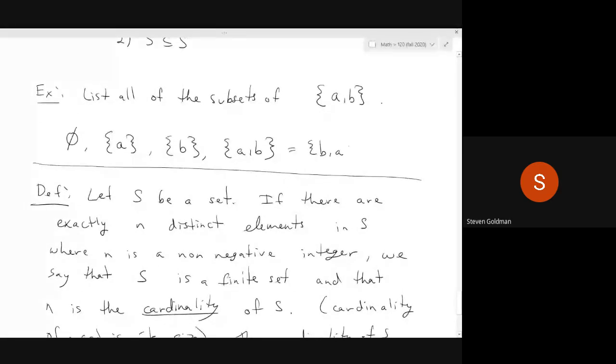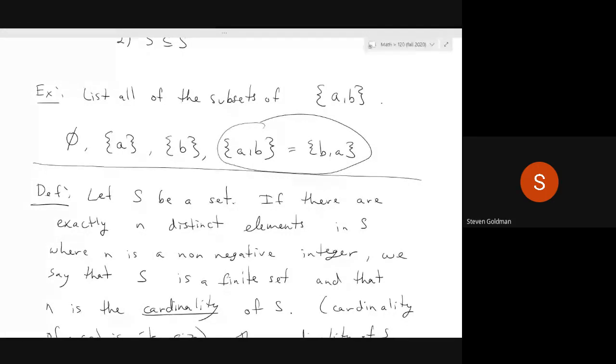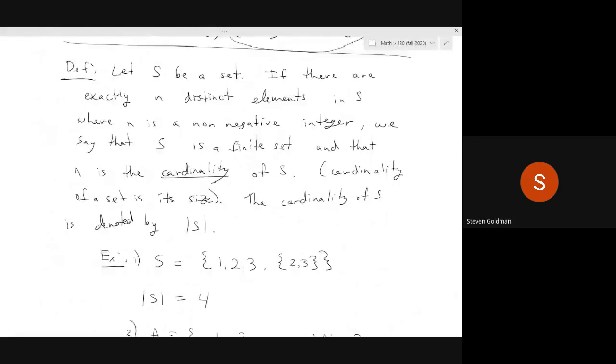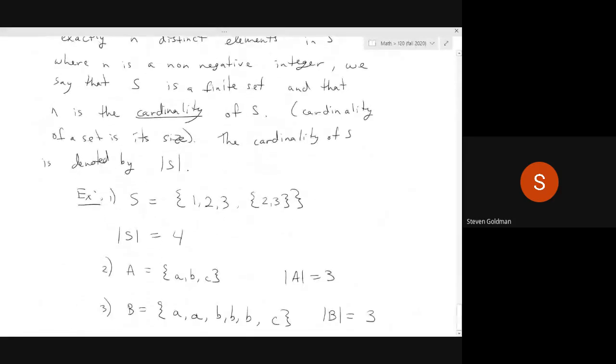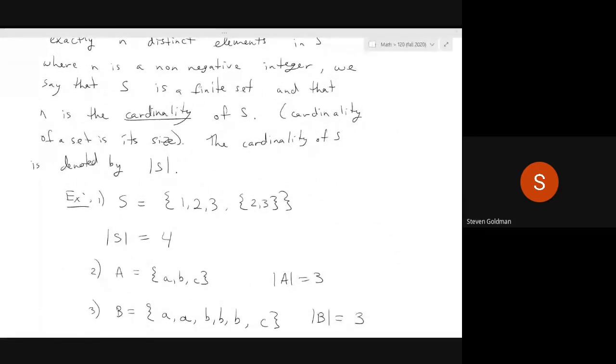So that's considered the same set. So that's just one subset, again, because order doesn't matter. Any other questions?